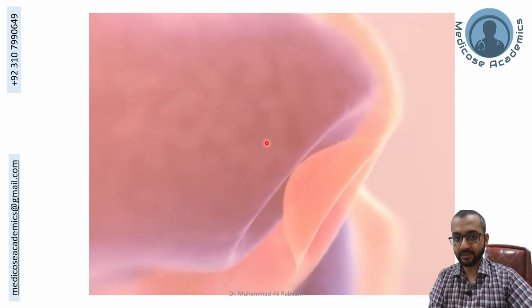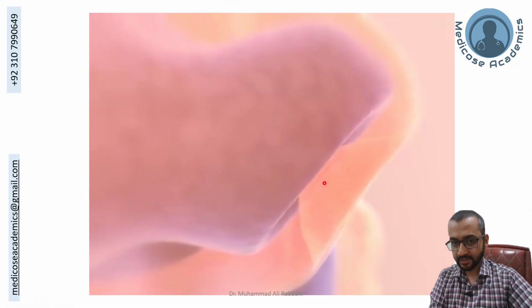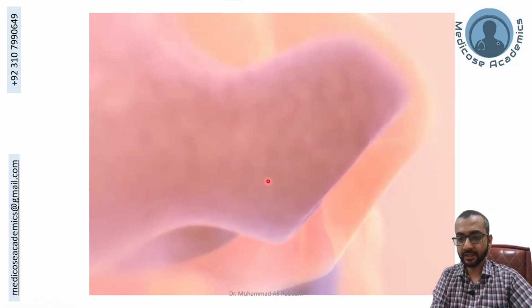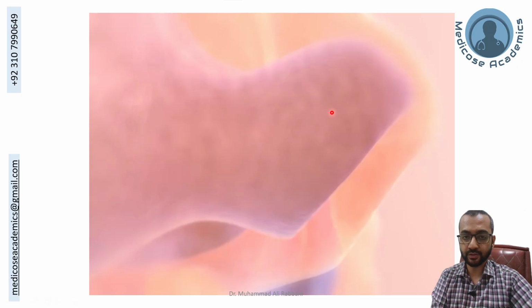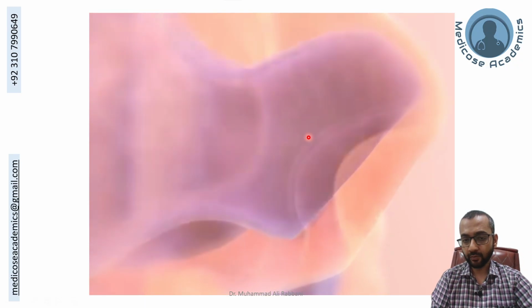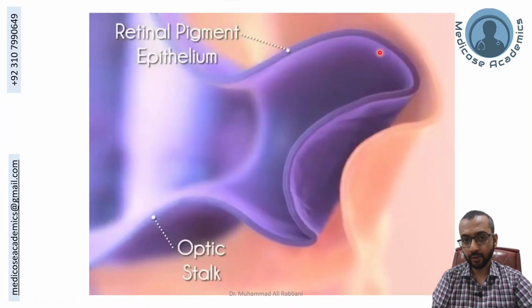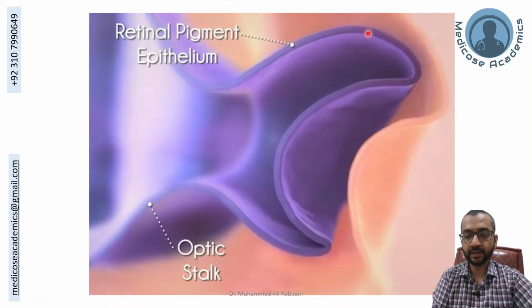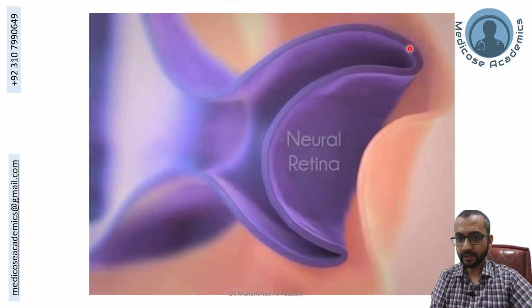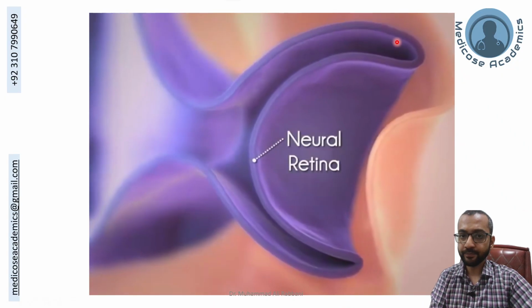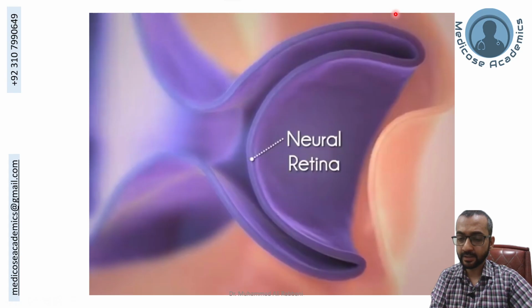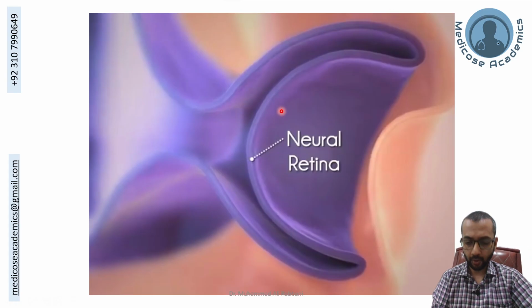As this is folding, this will become the lens pit and lens vesicle, and these will be differentiated into two layers of retina. The inner one will be the inner layer of retina, the outer one will be the outer layer of retina. This will become the neural retina, this will become the pigmented retina, and in between them there is the interretinal space that will be gradually obliterated.